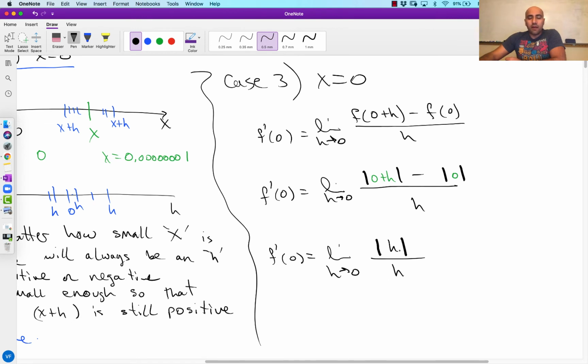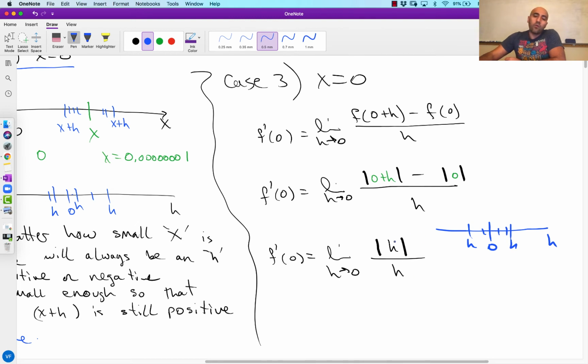Okay, so now keep in mind that h is a number approaching 0, but this is not restricted to one side. It can go towards 0 in either direction. Right? If we think about the h line, here's h, here's 0. h is heading towards 0, but it could go there, or it could go there, right? All these values can represent h as they get infinitely close to 0.